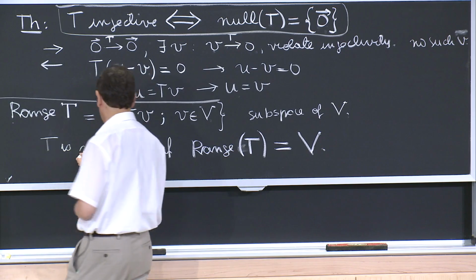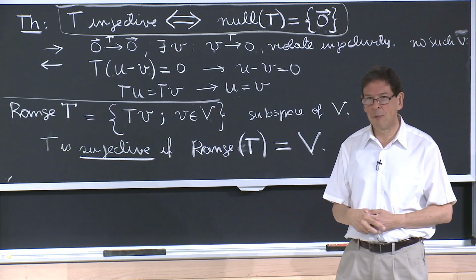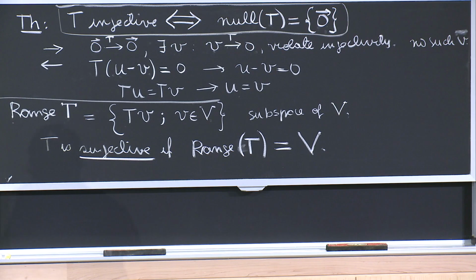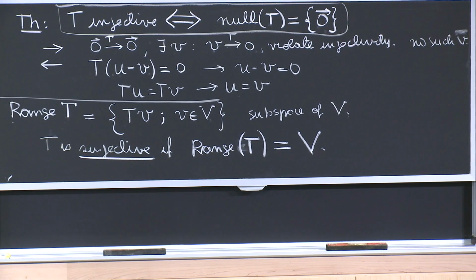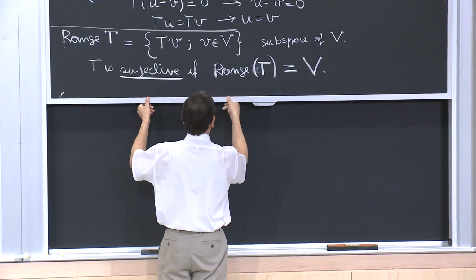So that's the definition of surjective. You reach the whole thing. So let's do a little example. I think it would be useful to make sure you understand these concepts.